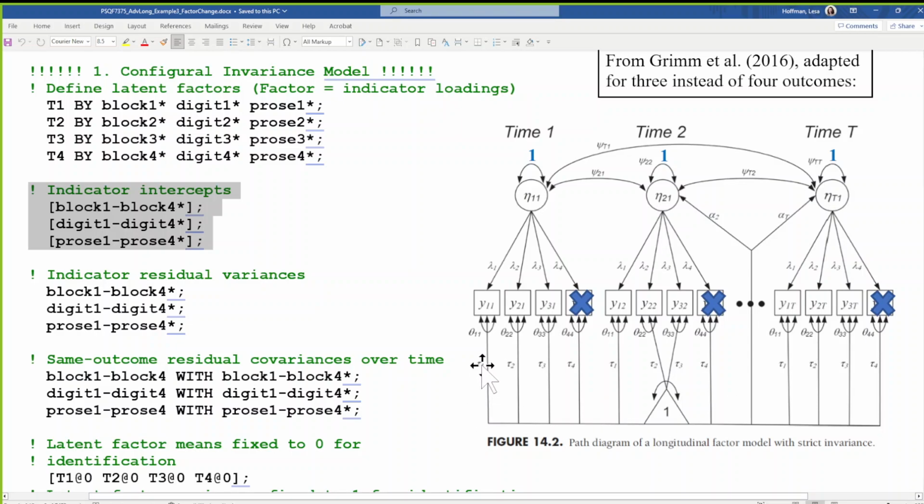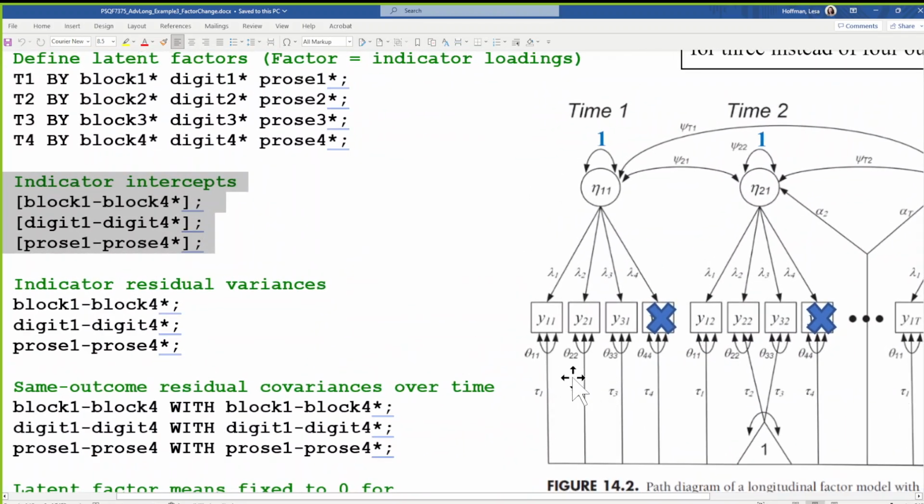So their intercepts are tau, I think. Not to be confused with tau equivalent, which is what we call equal loadings, not equal intercepts, but whatever. Everybody gets to pick their own notation. And then they have, what are the errors? Theta? Is that theta? I think so.